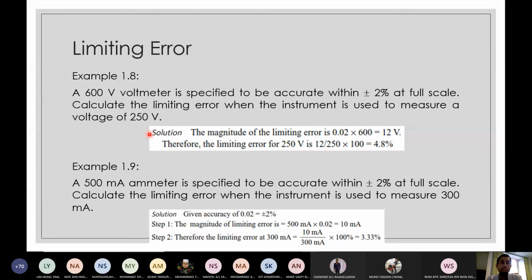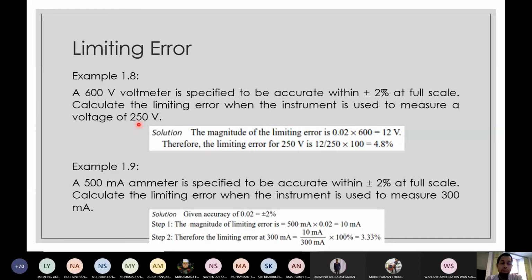Let's look straight at the example. You have a 600 volt voltmeter. Accuracy is plus minus 2%. Calculate the limiting error when the instrument is used to measure a voltage of 250 volt. The manufacturer guarantees that if you use the 600 volt range, then the error is 2%.